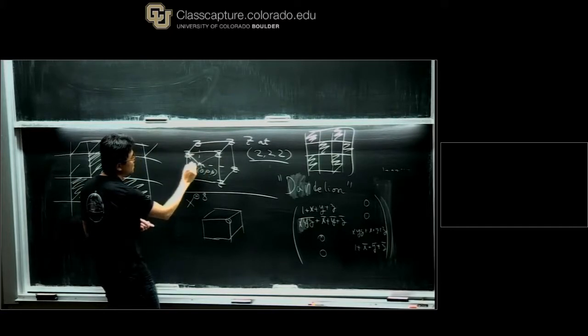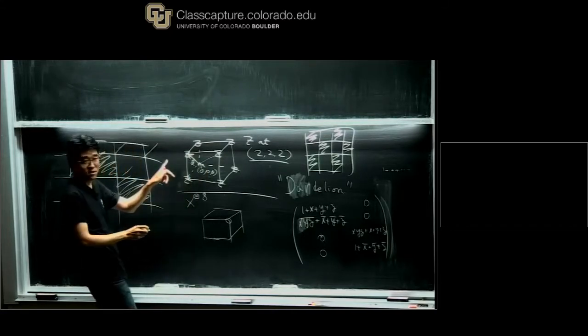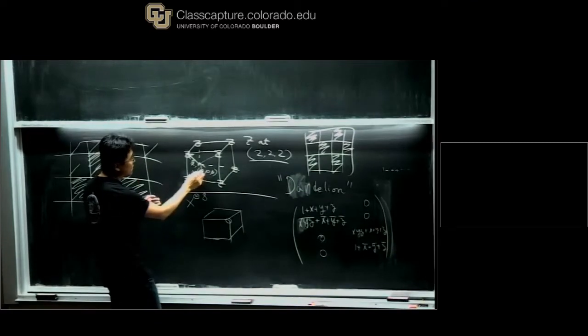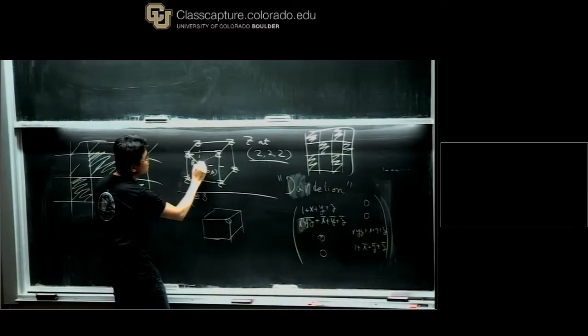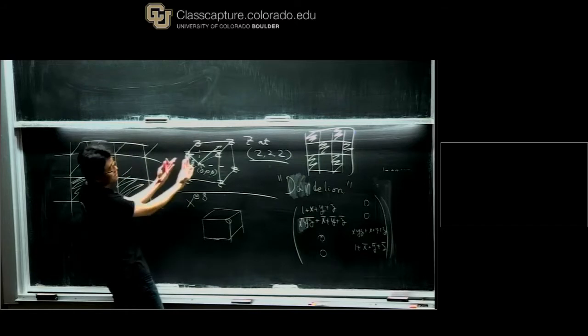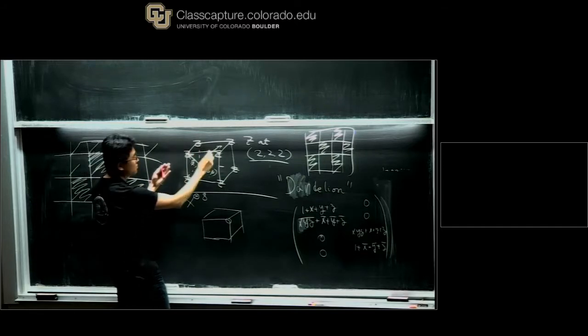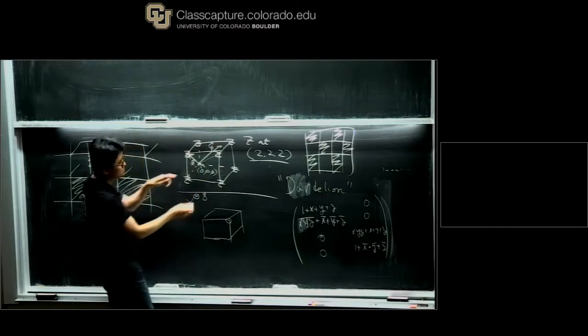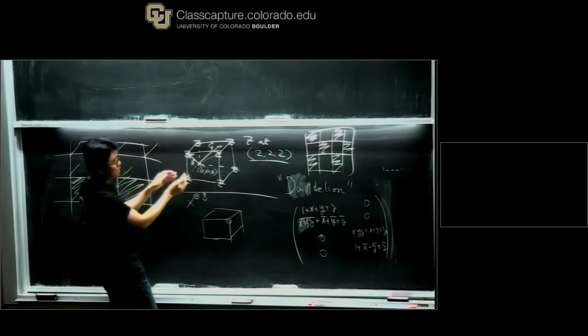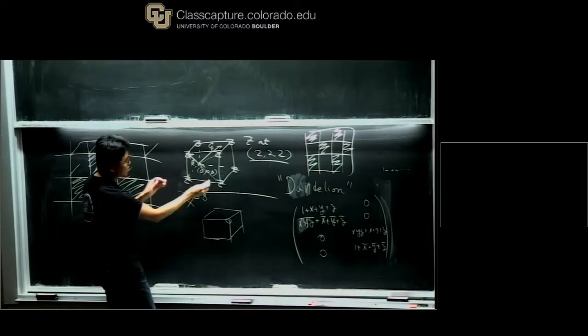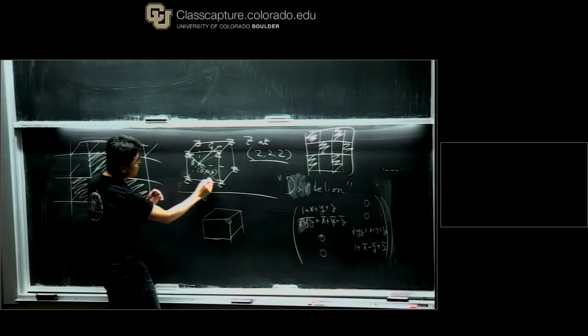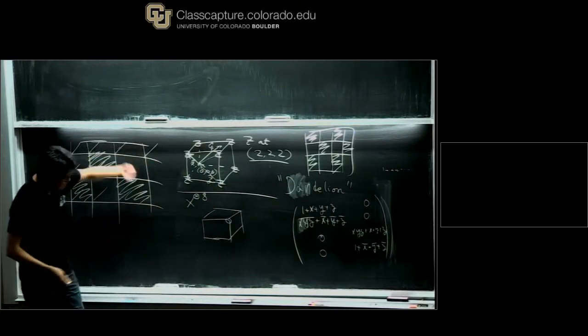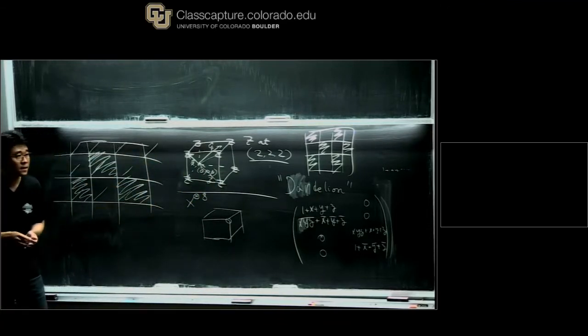So this is my X translation. That's my convention. And the face diagonal on the back is my Y translation. It's left oriented, but it doesn't matter. And the face diagonal on the bottom square is my Z.